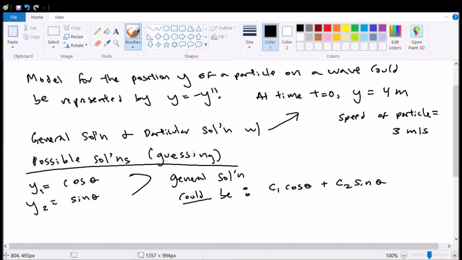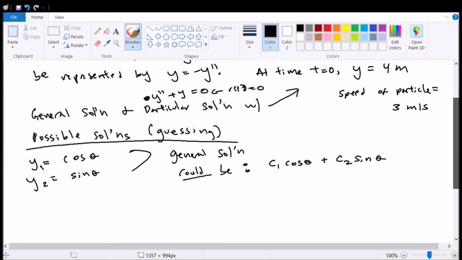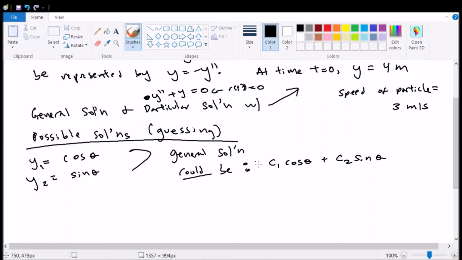Recall that you can only do this when the r of t in the standard form is 0. But we can rewrite the differential equation as y double prime plus y equals 0, and so we can see that the function the differential equation equals is indeed 0, and so you can do this trick of combining different solutions to form another solution.